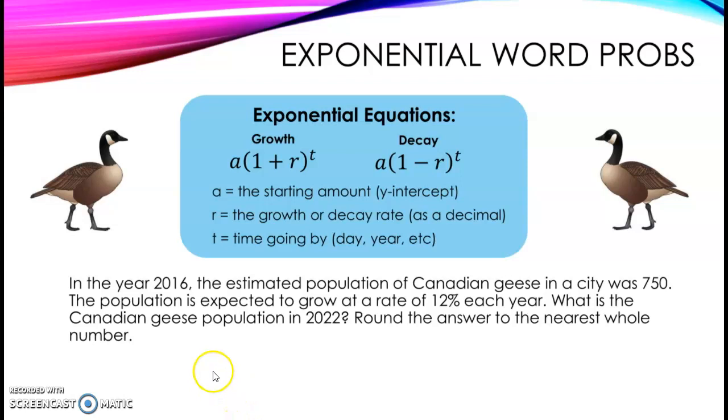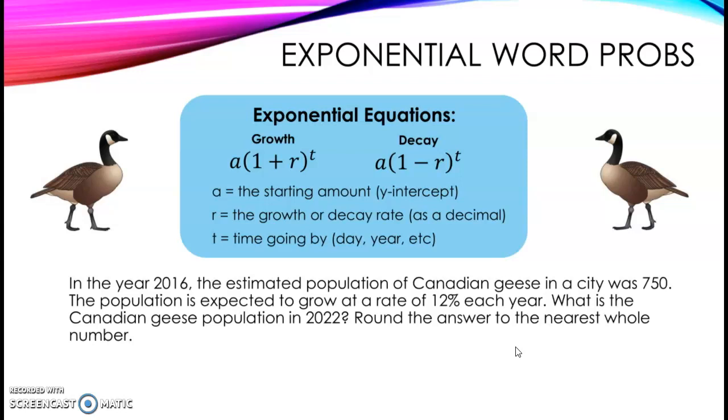In the year 2016, the estimated population of Canadian geese in a city was 750. The population is expected to grow at a rate of 12% each year. What is the Canadian geese population in 2022? Round the answer to the nearest whole number. Okay, so let's identify whether it's a growth or a decay situation.